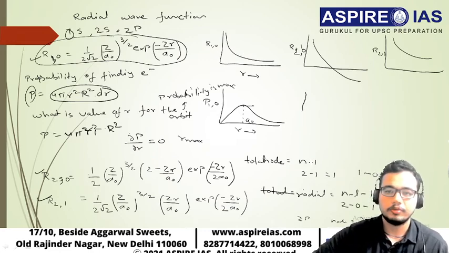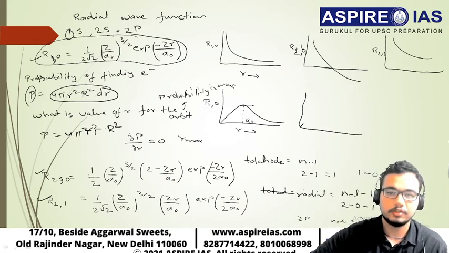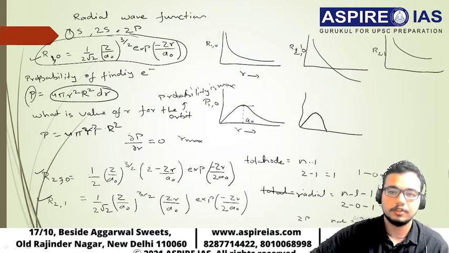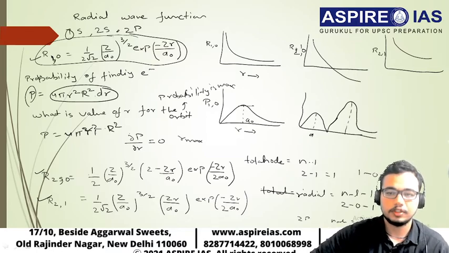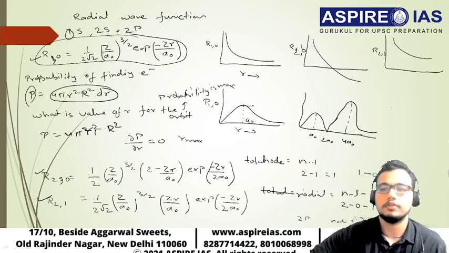Now how will the probability distribution be? Since there is one node, and a node is the position where the probability of finding the electron is 0, it will first touch the 0 value, then again it will rise like this. This is the node, this is 2 a naught, this is 4 a naught.